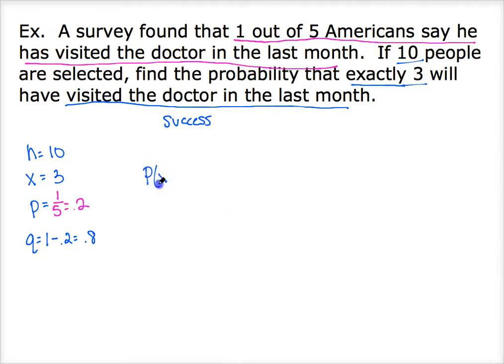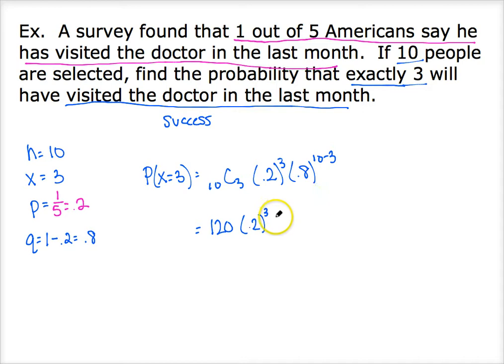The probability of getting exactly 3 who have visited the doctor in the last month is 10c3 times 0.2 cubed times 0.8 to the 10 minus 3. 10c3 is 120 times 0.2 cubed times 0.8 to the 7th power.